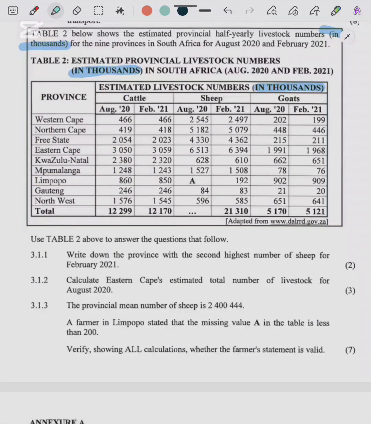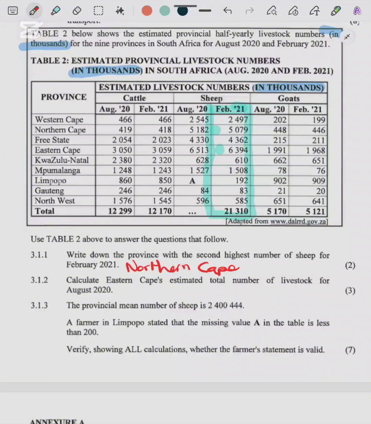You always want to cross-check with these kind of questions that you are working in the right column. So I'm just going to highlight it. And they want the second highest number. So if we look, the highest number would have been the 6 for the Eastern Cape. So the second highest would have been the Northern Cape. And they do tell us here they want us to write down the province, not the value. So we can just write down the province of Northern Cape.